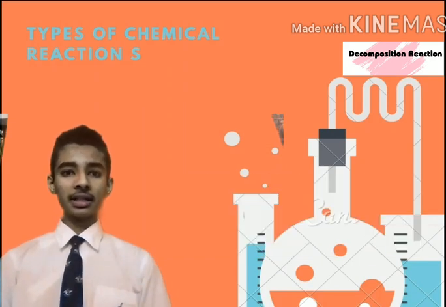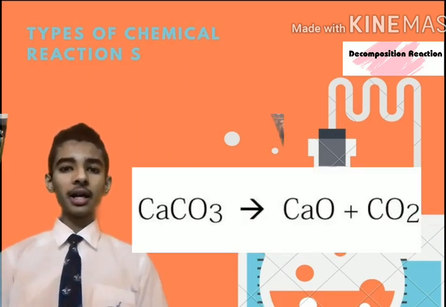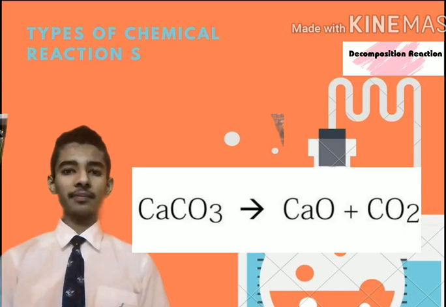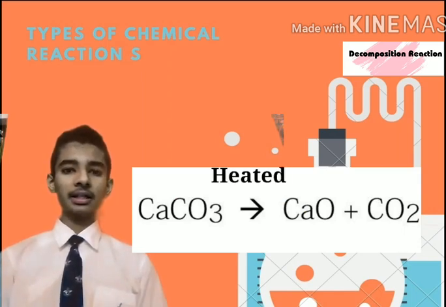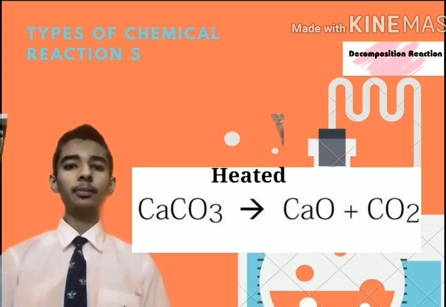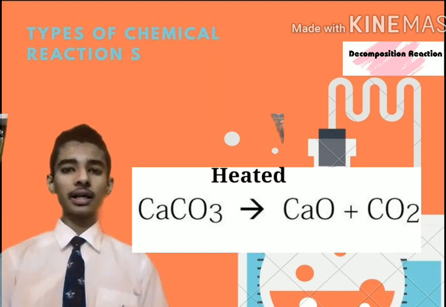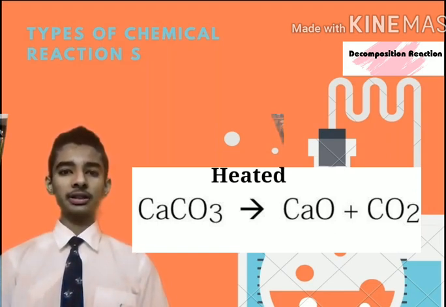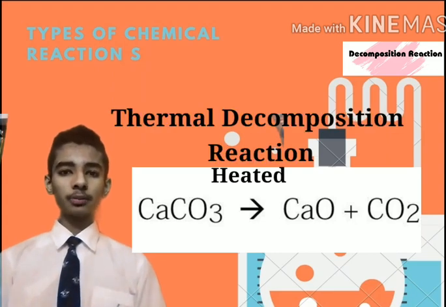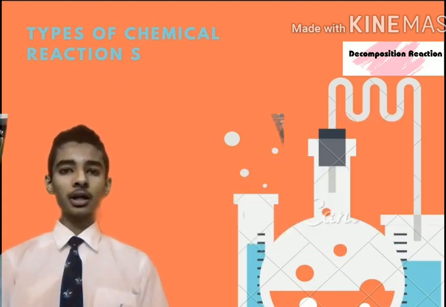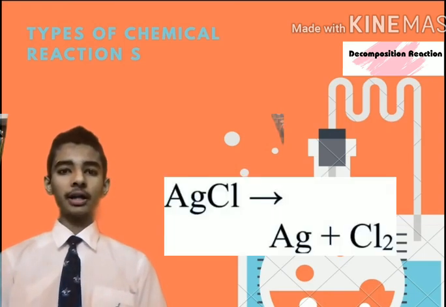Now let's discuss another example. Calcium carbonate, CaCO3. When heated, it decomposes into calcium oxide and carbon dioxide. This process is also known as thermal decomposition reaction. Now let's discuss another example. Silver chloride.